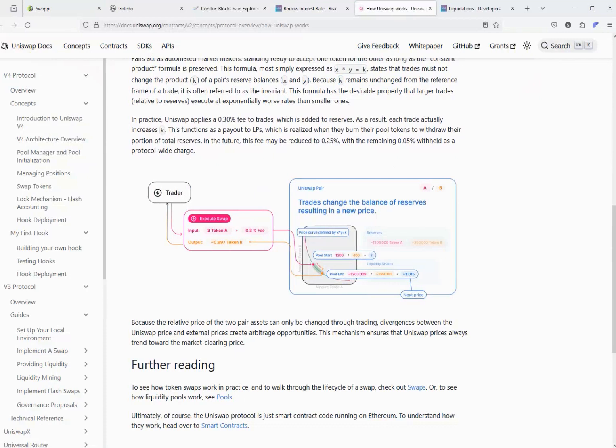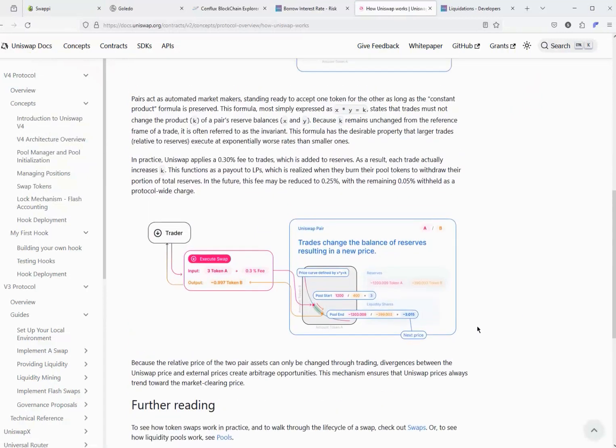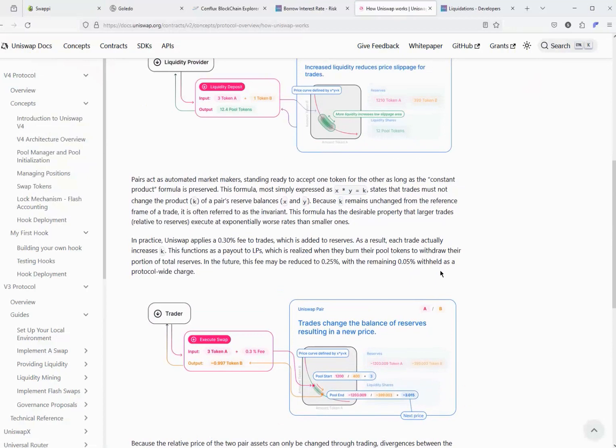Since K is unchanged, we need to ignore the trading fee for each trade, because the trading fee will increase or decrease the value of K. So we can ignore it here.